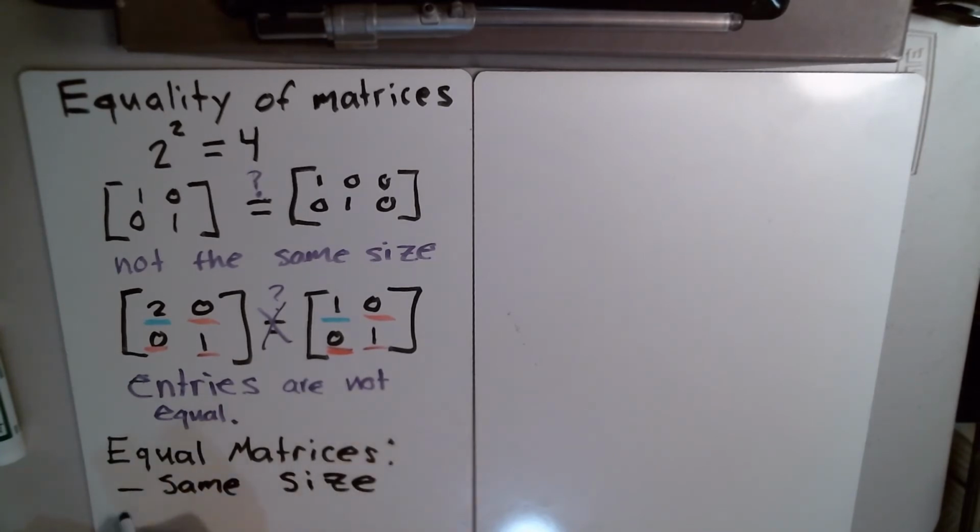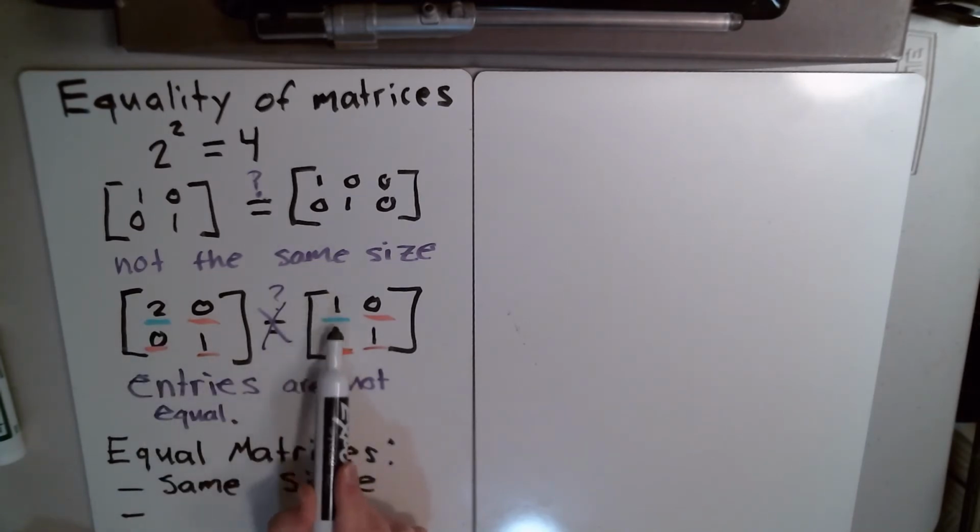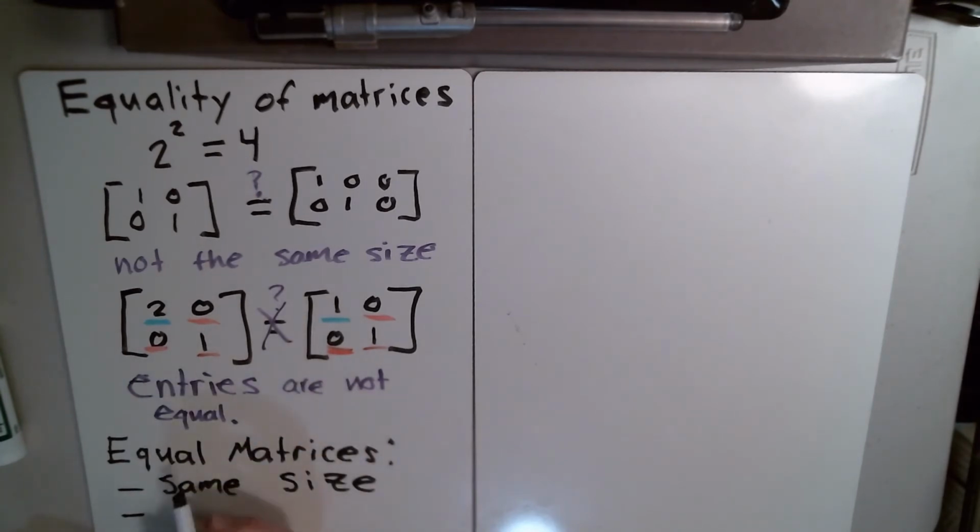Otherwise, they can't be equal at all. And then they also need to have the corresponding entries. Like this 2 is in the same position as this 1, so those two need to be equal to each other. So corresponding entries are equal.